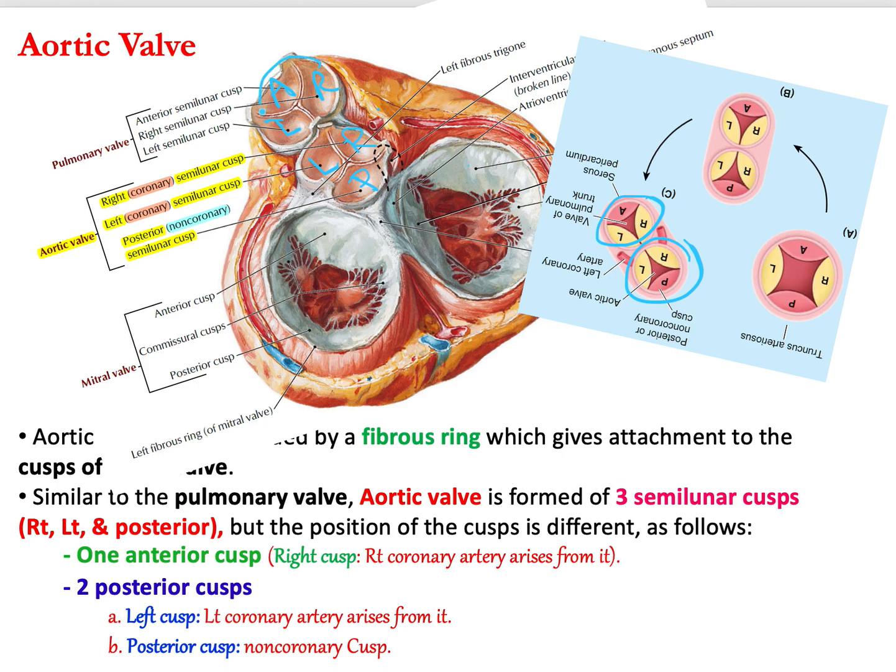What I want to say is that in the pulmonary valve, there were two cusps directed anteriorly and one posteriorly. But in the aortic valve, of course, we have three semilunar cusps, and we have just one anterior and two posterior.